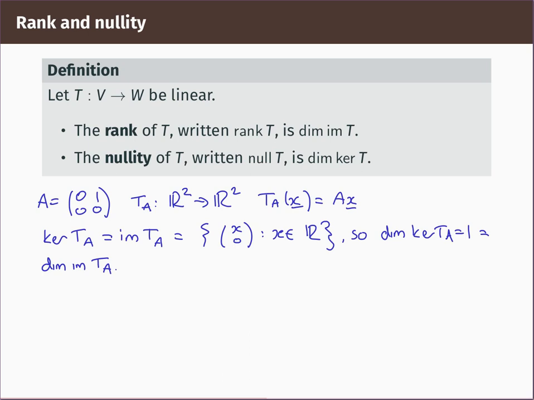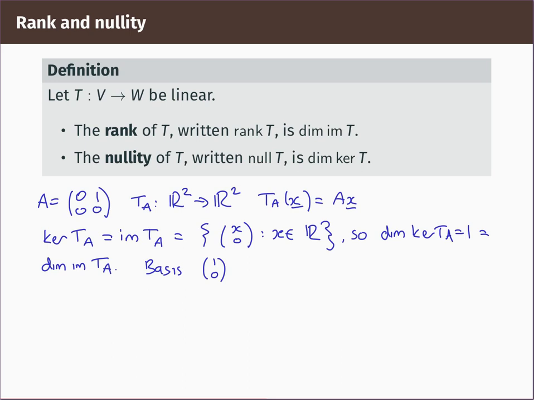The reason that it's one-dimensional is that it's spanned by the vector (1, 0). Every element of the kernel or the image is a multiple of (1, 0). So that single vector forms a spanning set, and certainly a single non-zero vector on its own is linearly independent, so it's a basis for the kernel and the image. So we've got the dimension of the kernel and the dimension of the image are both equal to 1.